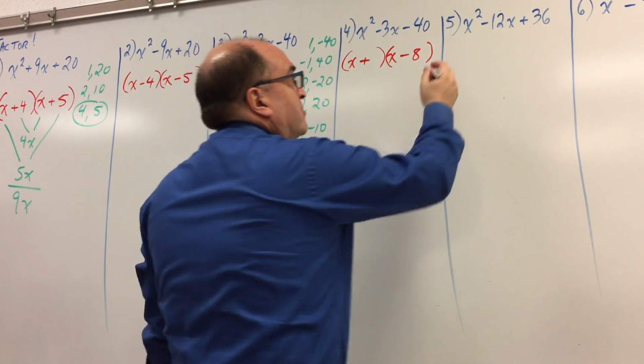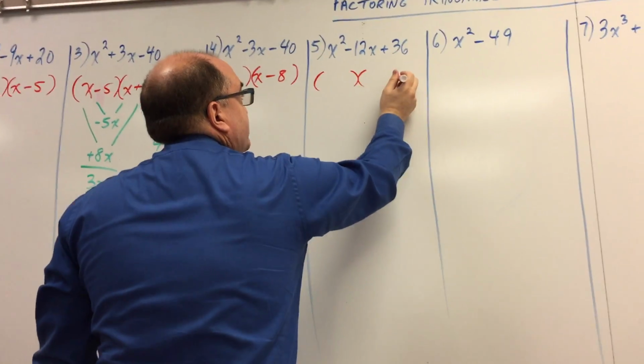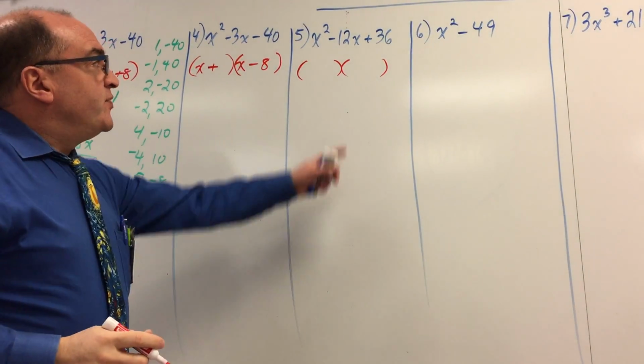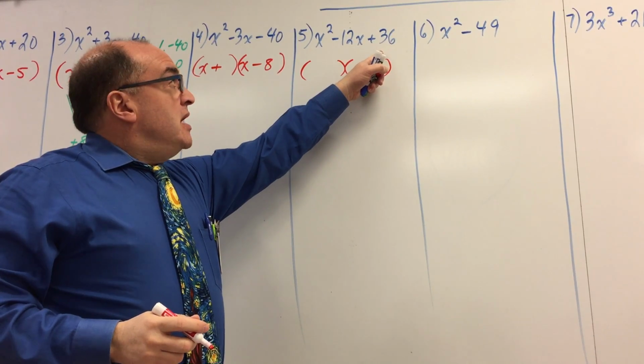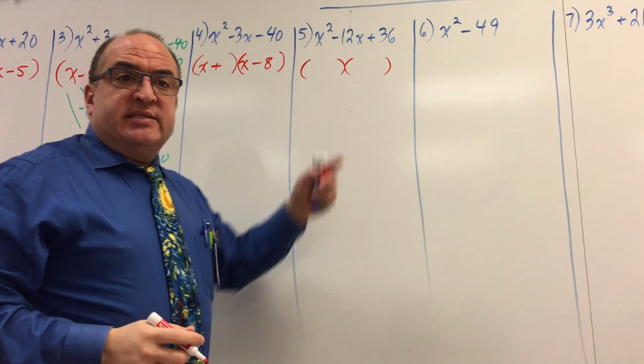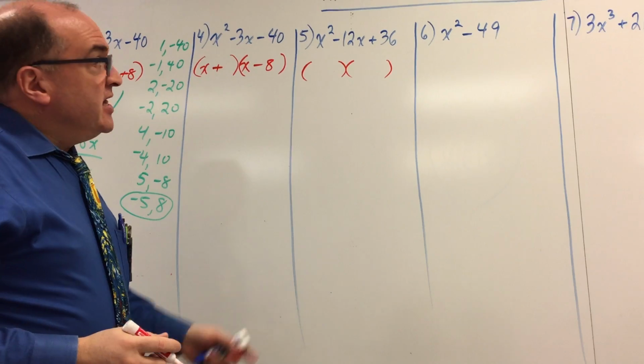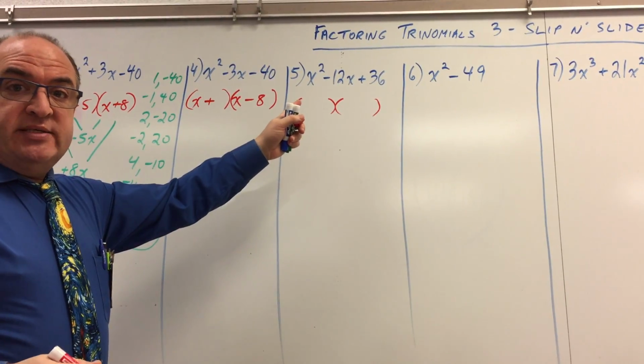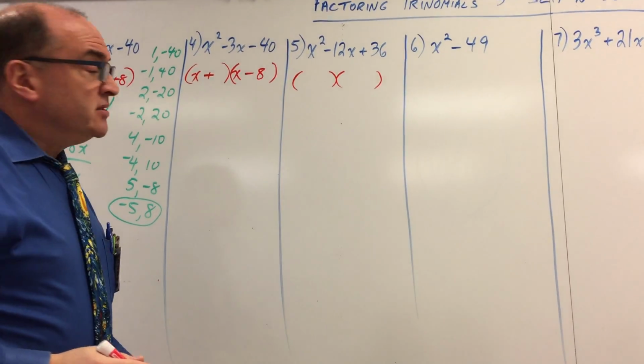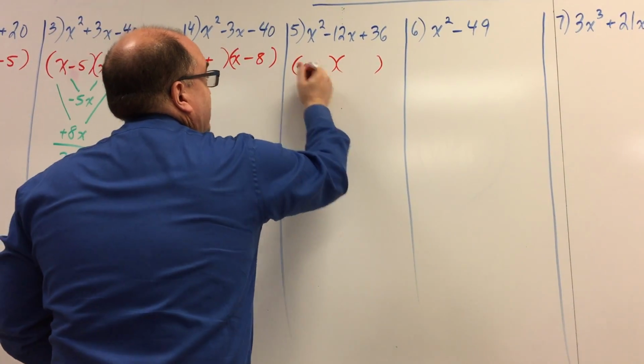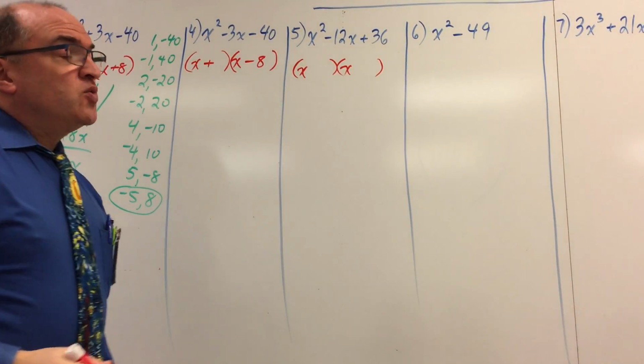Over here, sometimes you're going to see something that multiplies, in this case to make 36, and you may notice that it's the same number twice. x times x is x squared.